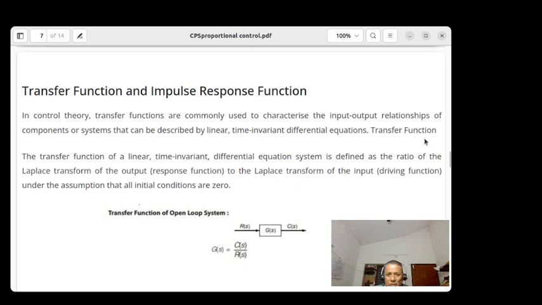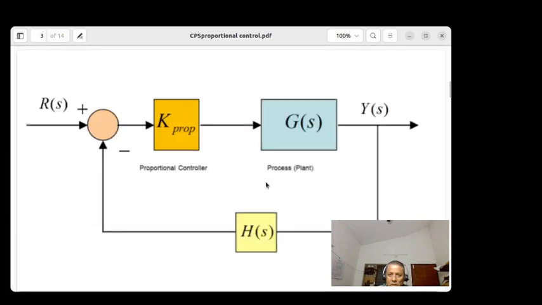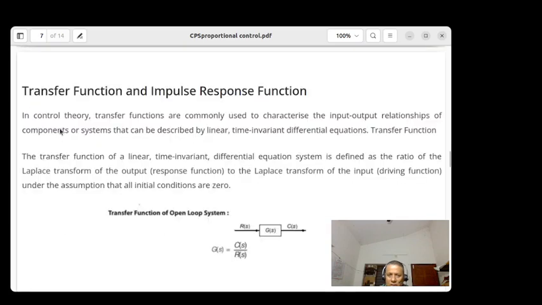The transfer function of a linear time invariant differential equation system is defined as the ratio of the Laplace transform of the output response function to the Laplace transform of the input response function. This is a mathematical term, and you might have studied Laplace transform. So that is the transfer function.